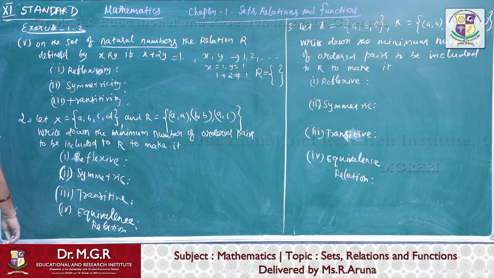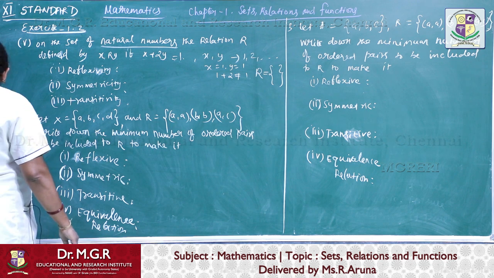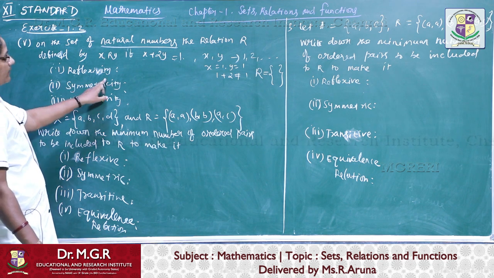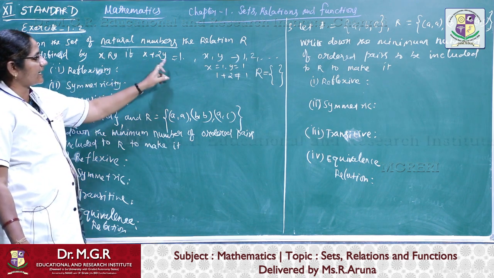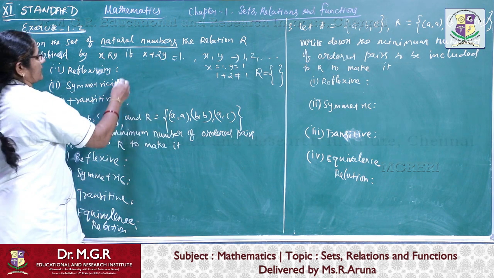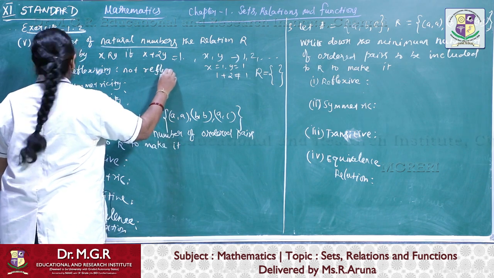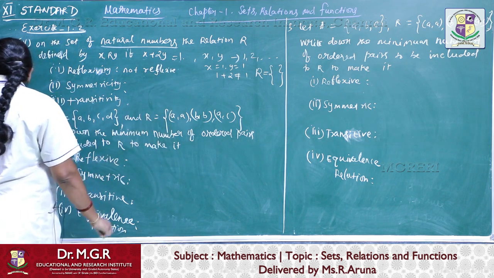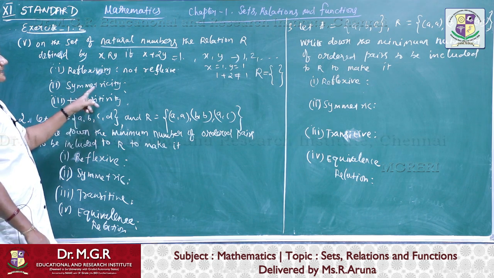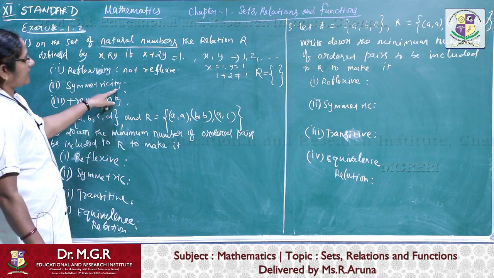Now, it is not reflexive because here we cannot find any number satisfying this one. So it is not reflexive. Next one, it is symmetric. Why is it symmetric?